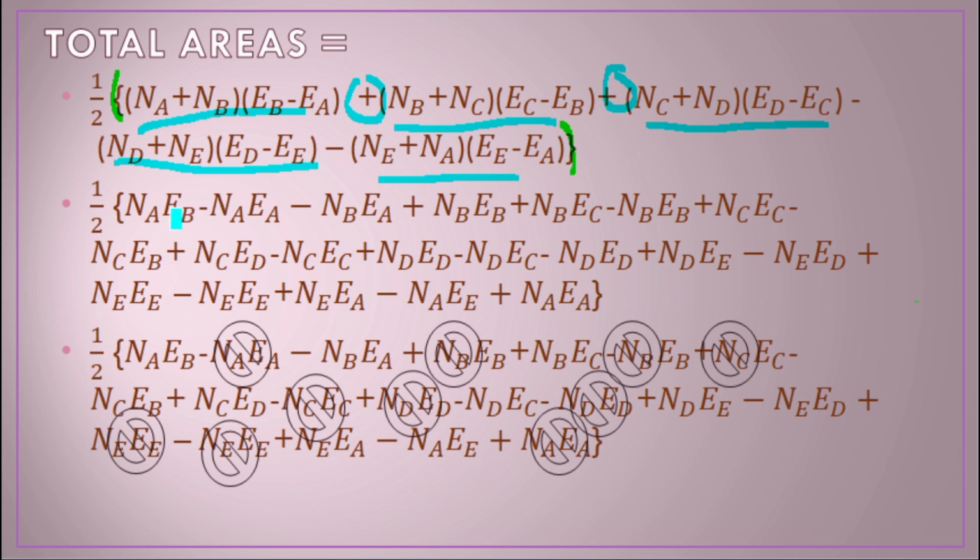So here we multiply, this is just like math, so we multiply the northing of A by the easting of B, and also the northing of A by the easting of A. Then we do it again for the northing of B multiplied by easting B and easting A. Somehow it seems tiresome, but it's easy.